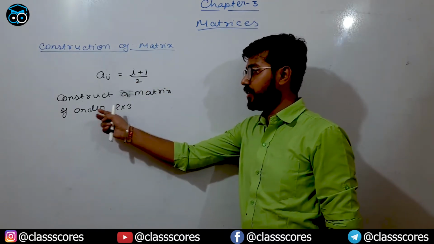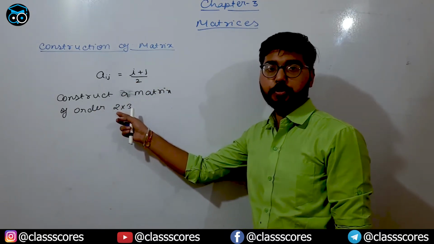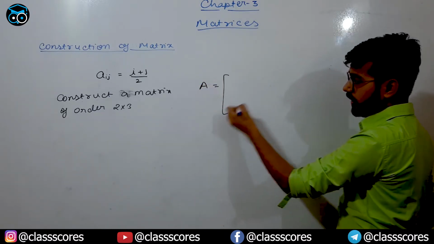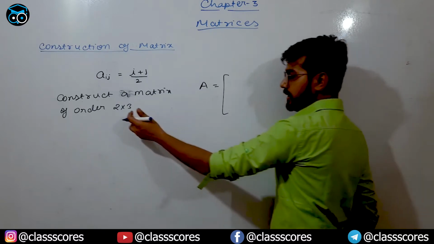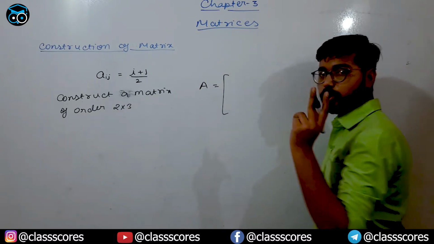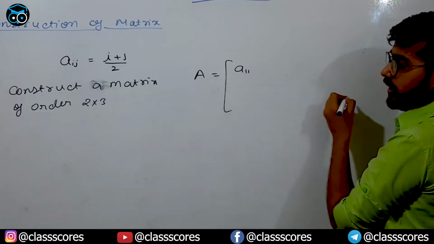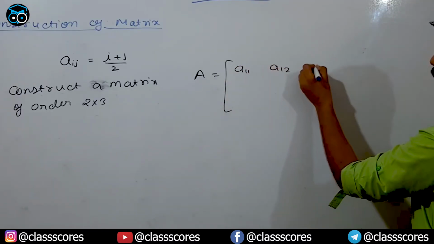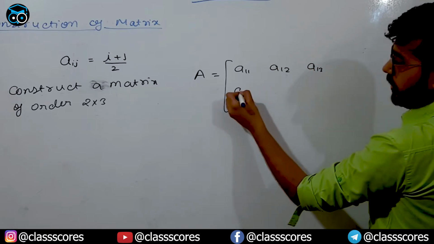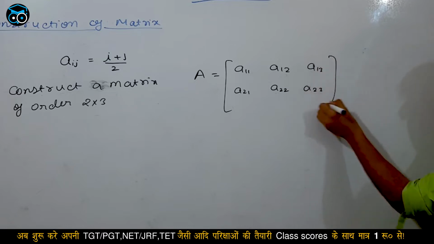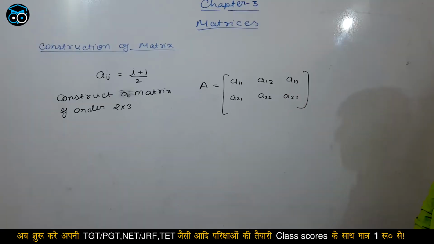So we can represent the matrix by capital A. 2 by 3 means this matrix contains 2 rows and 3 columns. So the elements are a11, a12, a13, a21, a22, a23. So this is the matrix.